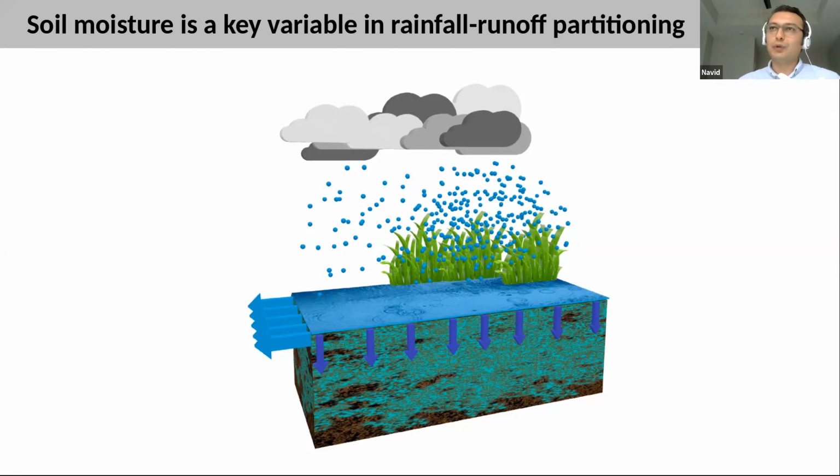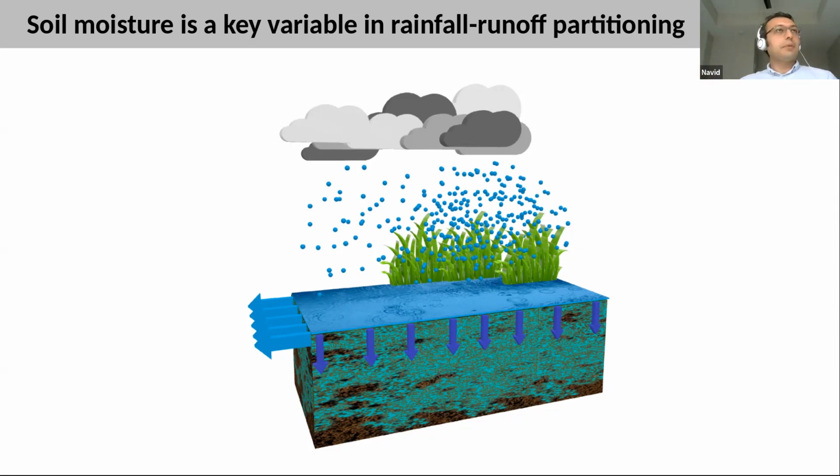If the bucket is full and there is rainfall on top of it, it will run off, and it will fill up, and then it will flood basically in the real world. The other part of the spectrum is that the soils are very dry, or that bucket is empty. So understanding how much water that bucket has is important. It's just an analogy, but soil moisture observations are very important for flood and drought forecasting.